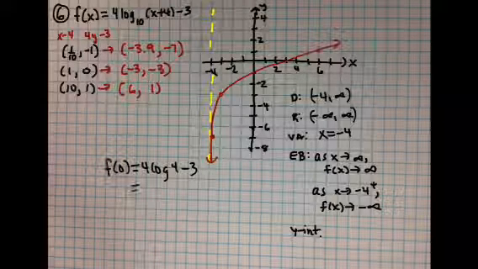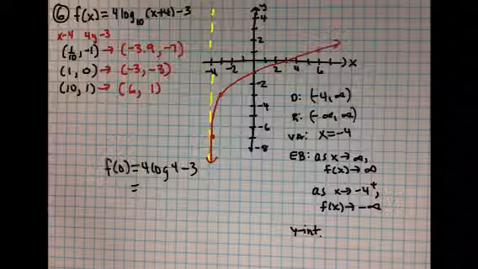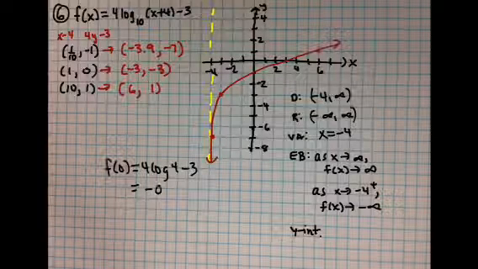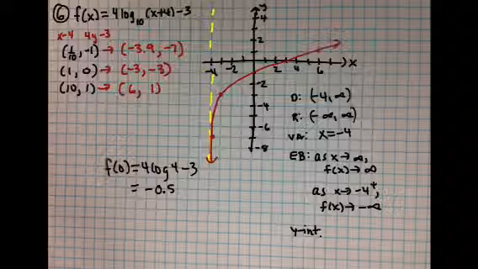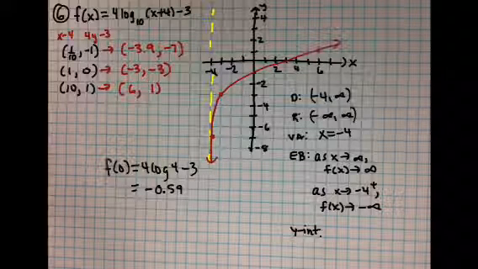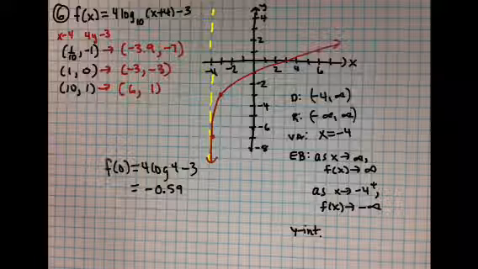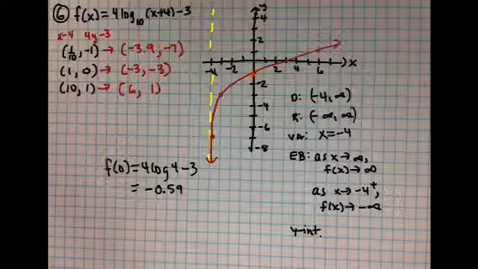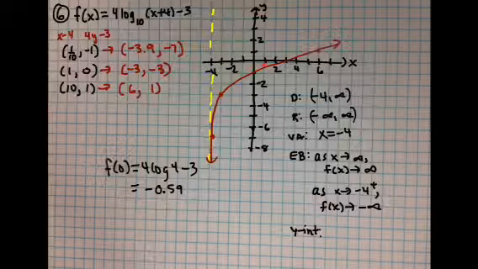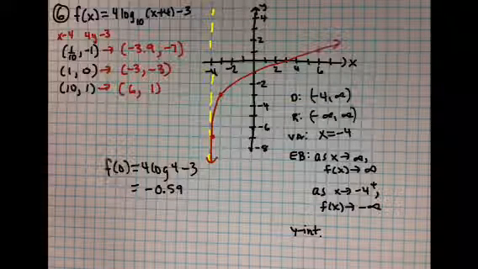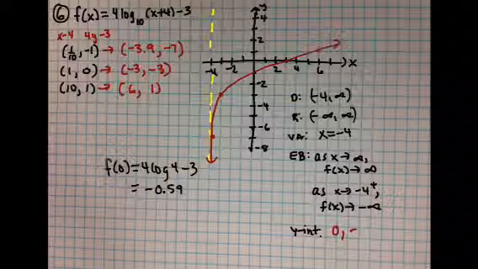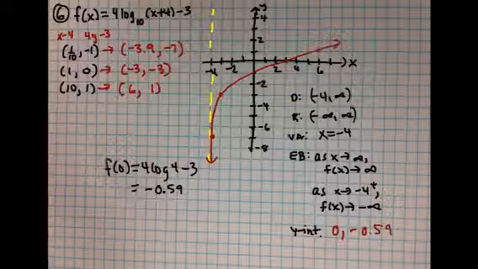We're going to put this into a calculator, and we get negative 0.59 when you round it to 2 decimal places. Okay, so I know here it looks like it went on negative 1, but it's just that I should have curved it just a little bit more. Okay, so the answer would be 0, negative 0.59.